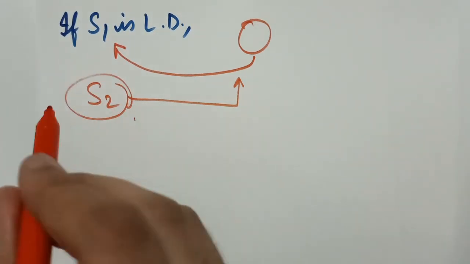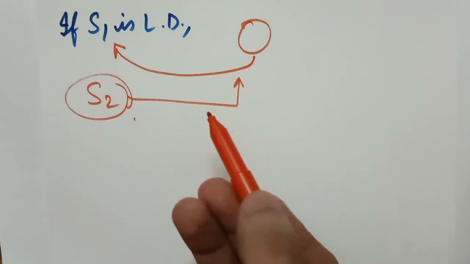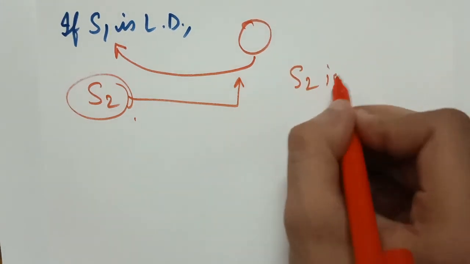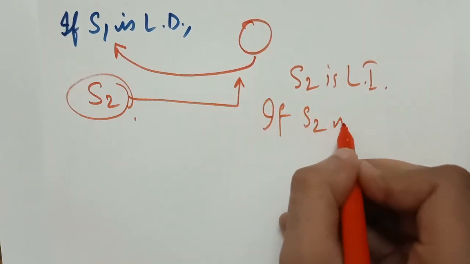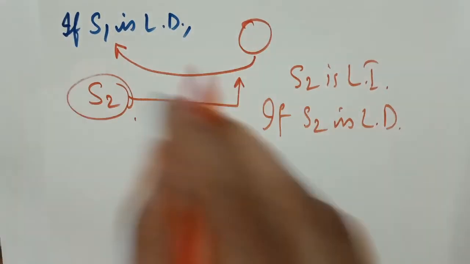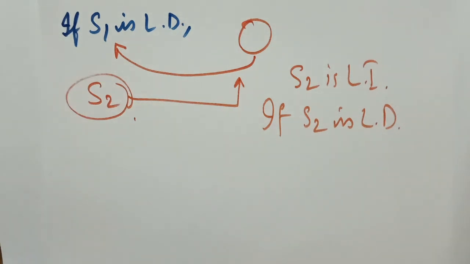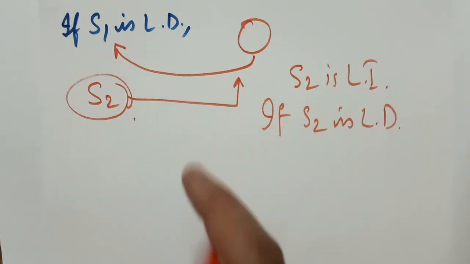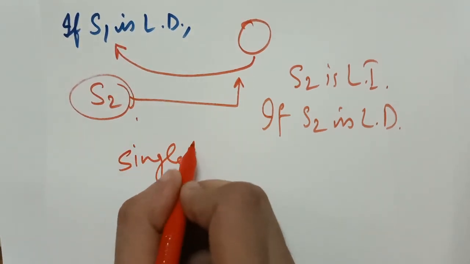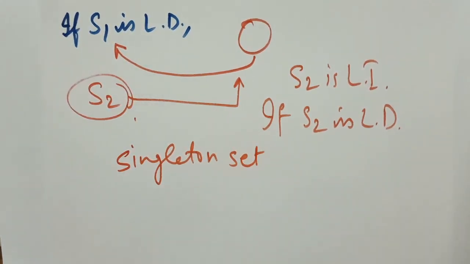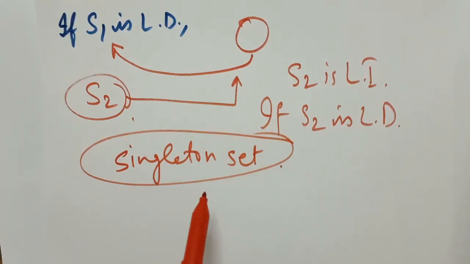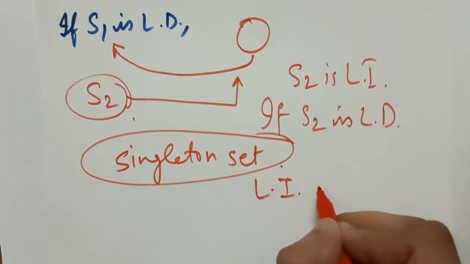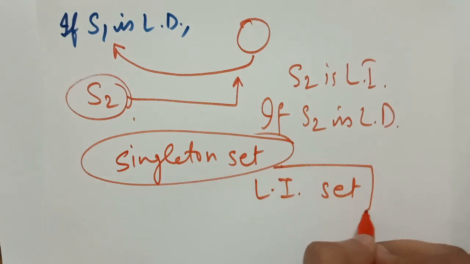So again we can prove S2 is a basis of vector space V if S2 is linearly independent, and again if S2 is linearly dependent, this whole procedure will get repeated until we get a singleton set with one non-zero element present in it, and we know that a singleton set with a non-zero element is always a linearly independent set.